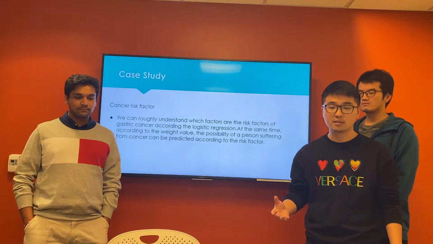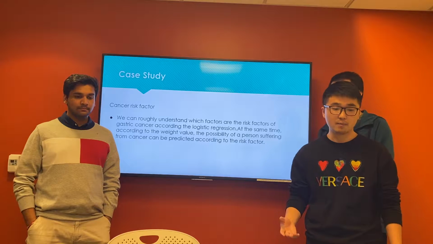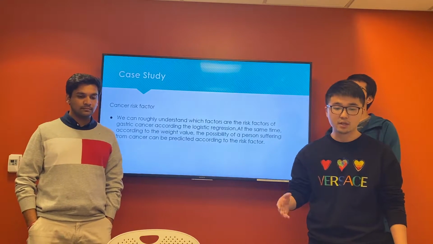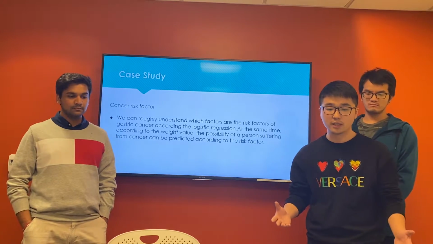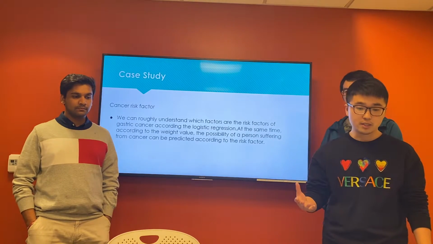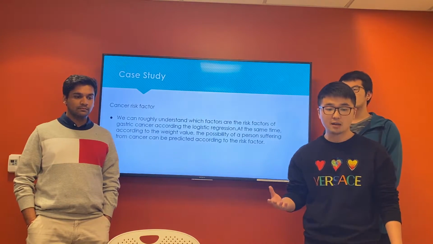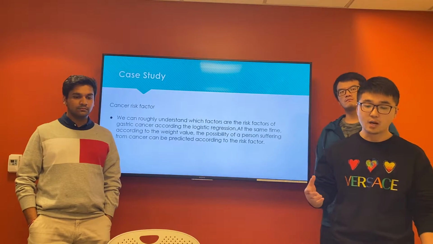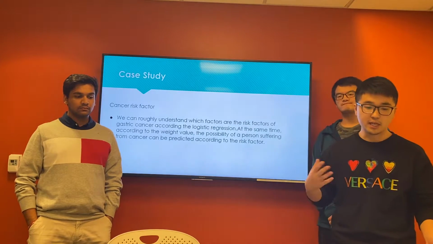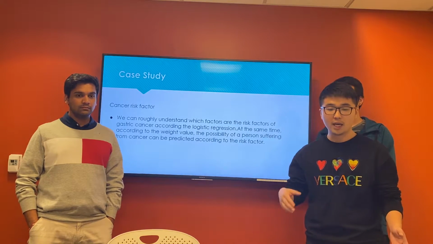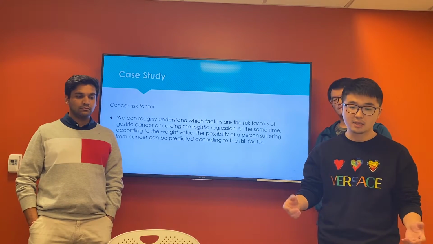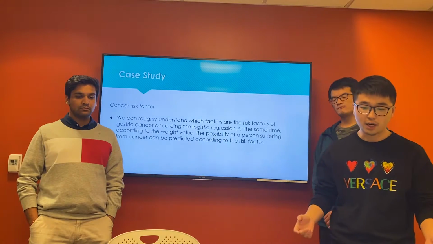Taking gastric cancer disease analysis as an example, two groups of people are selected. One group is a gastric cancer group, and the other is a non-gastric cancer group. The two groups must have different signs and lifestyles. Therefore, the dependent variable is whether it is gastric cancer, with a value of yes or no. The independent variables can include many factors, such as age, gender, eating habits, and so on.